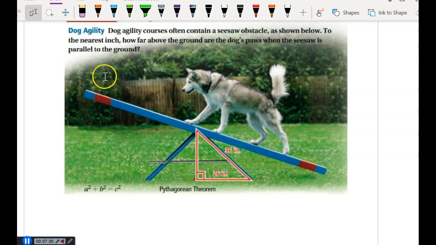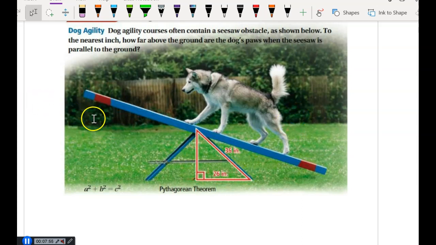Okay, dog agility courses often contain a seesaw obstacle as shown below. To the nearest inch, how far above the ground are the dog's paws when the seesaw is parallel to the ground? Okay, so this seesaw, as the dog goes forward, is going to go up.